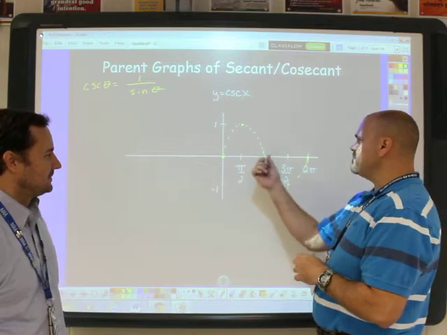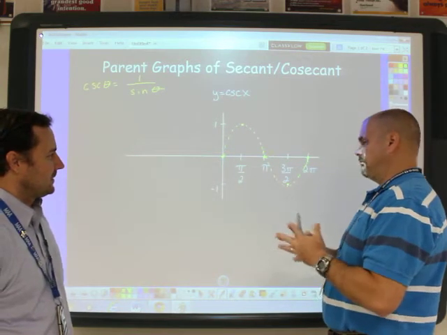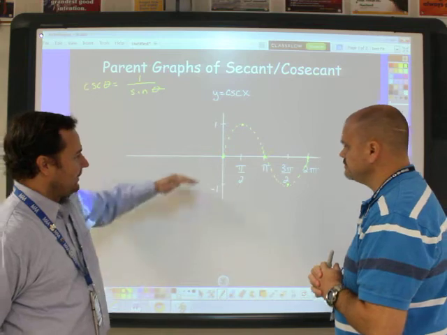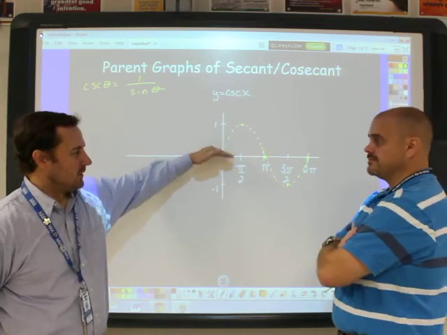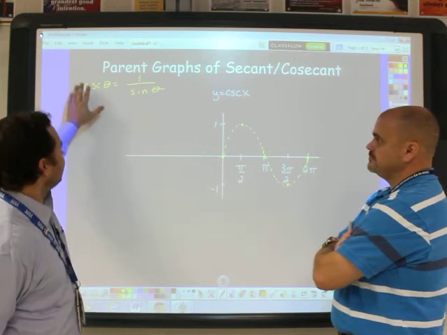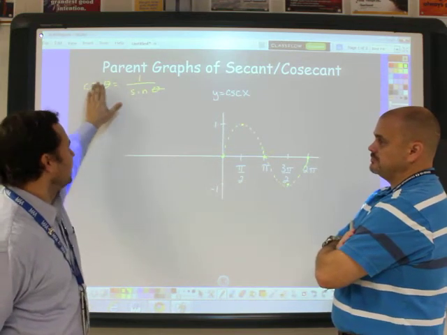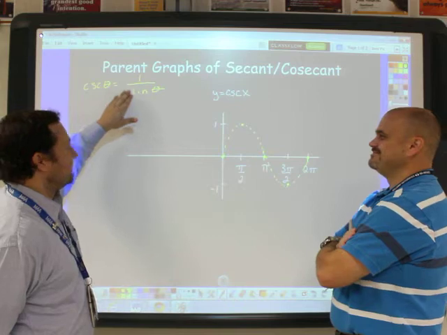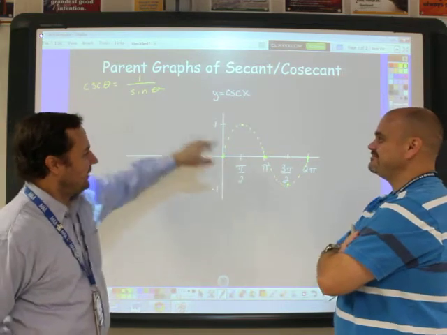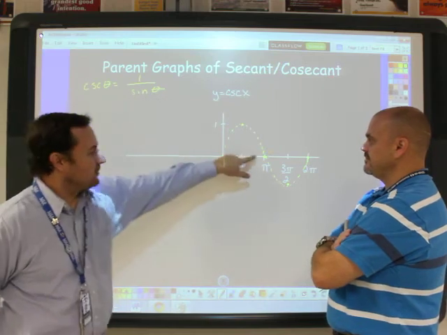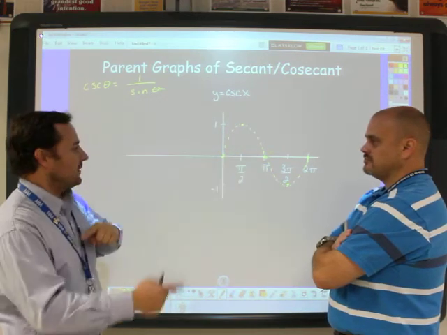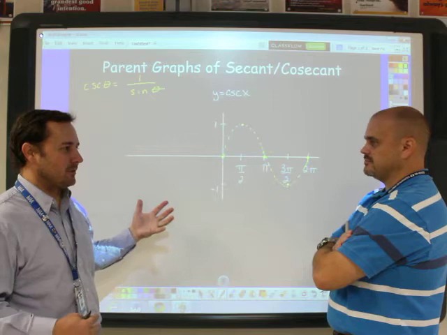So tell me about these midline intercepts. Since they're on the x-axis, they have a y value of 0. That's correct. And if we take the reciprocal of sine, if at pi sine has a value of 0, then its reciprocal will be 1 over 0.